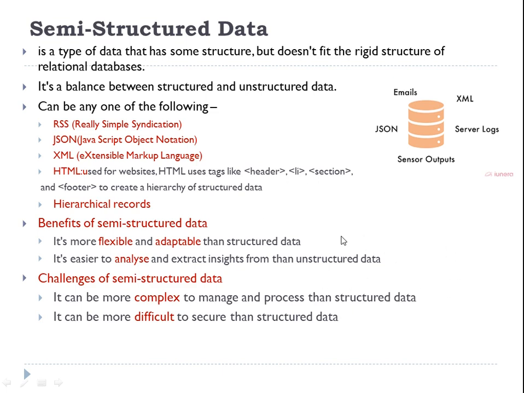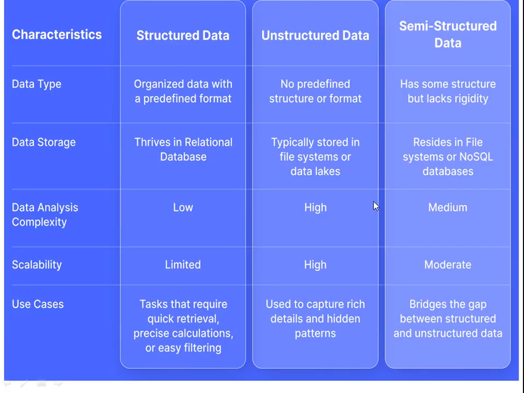But the challenge is that it can be a little complex to manage and process. You need to learn how to work on this data. That's the only challenge, and it can be a little more difficult to secure than structured data. So I will give links of all these files and how we can use them in machine learning.